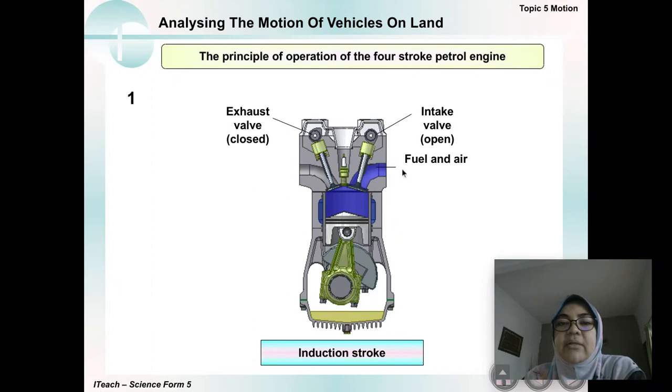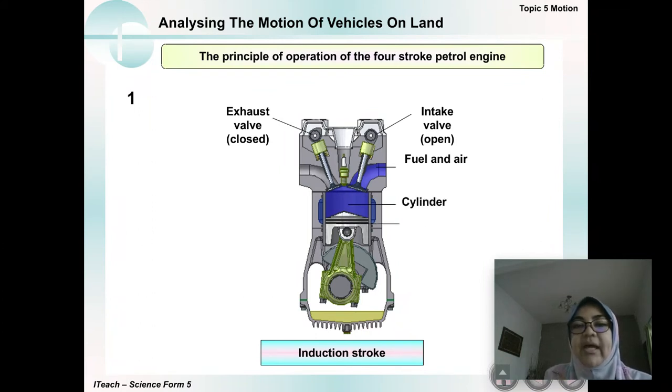Dan pada waktu intake valve open, fuel dan air akan masuk. Intake valve ni biasa dia ambil masuk lah, and then exhaust valve dia akan keluarkan gas. Masa induction stroke, dia akan buka intake valve dan fuel and air will go in.